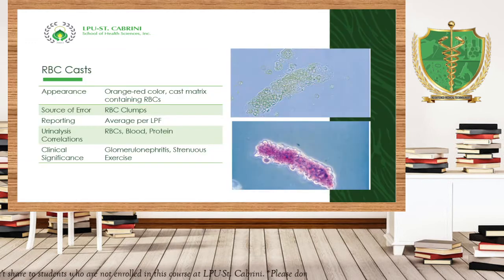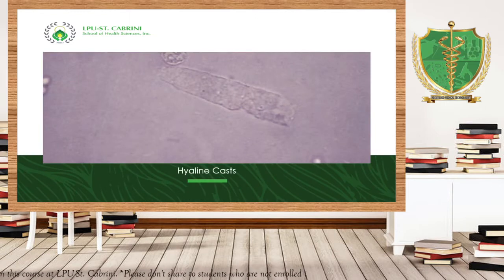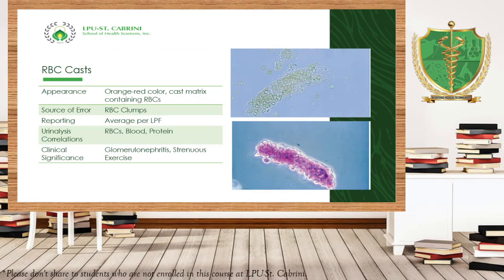Next in line is the RBC cast. The source of error for RBC cast is RBC clumps. If you compare it with hyaline cast, it is not staggered, it is not separated. Unlike your WBC cast, it appears as an orange-red cast matrix containing RBCs. That is why it is sometimes mistaken for RBC clumps.